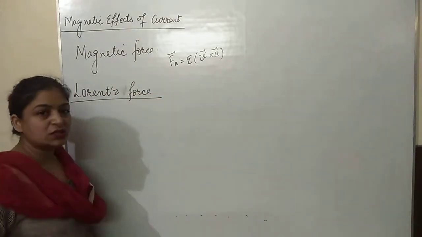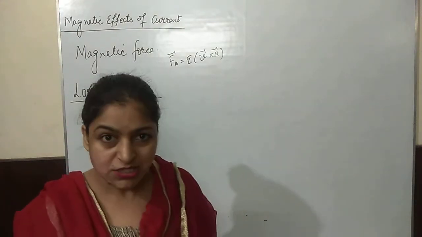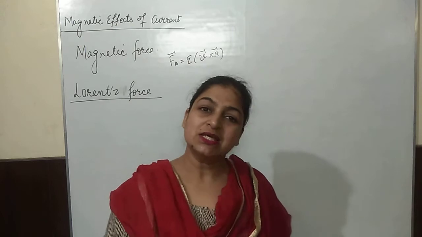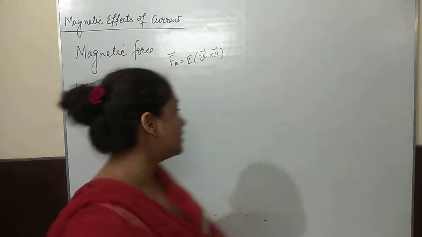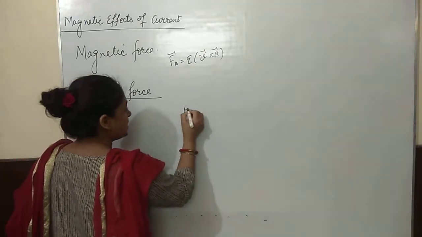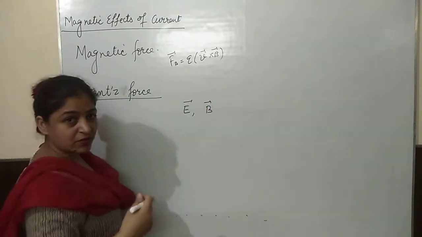Lorentz force is the resultant force acting on the charged particle when it is moving in a combined electric and magnetic field. Let us consider E is the electric field and B is the magnetic field present in some region.